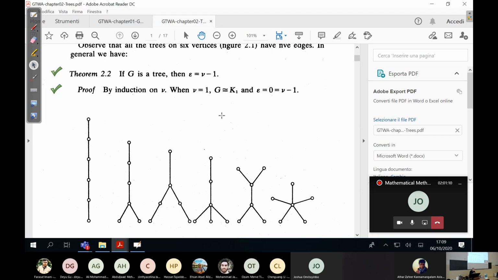So with one vertex, you must have no edges for it to be a tree. Is it connected? Trivially. Is it acyclic? Yes. Okay. So if you have a tree with just one vertex, it must have no edges, and so epsilon is 0, which is exactly ni minus 1, which is 1 minus 1. So the inductive base, as almost always, is very easy.